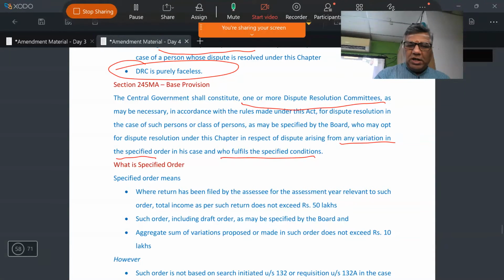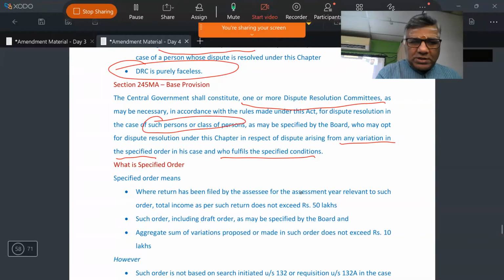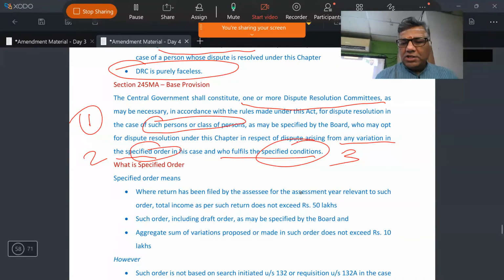So there are three things. Who is that person? What is that order? What are all the conditions? These conditions might not be a question in my opinion. It will be who is that person, what will be the order.